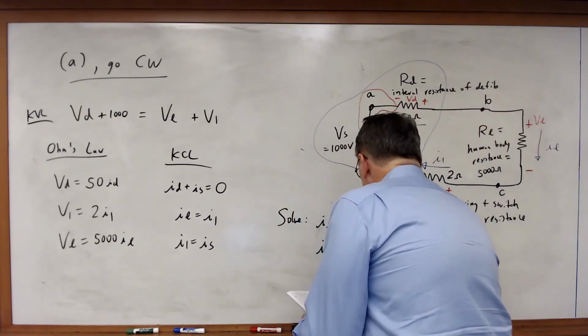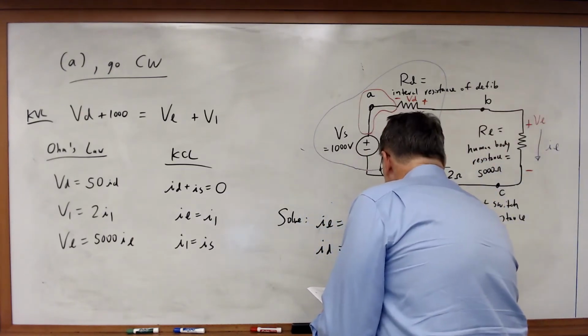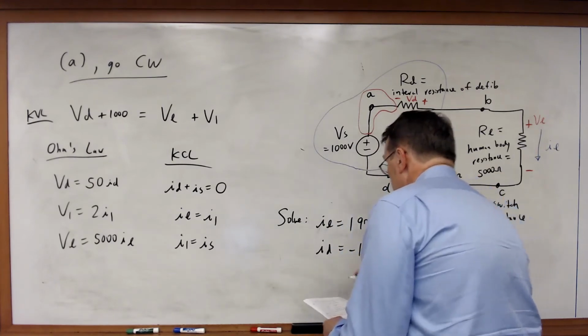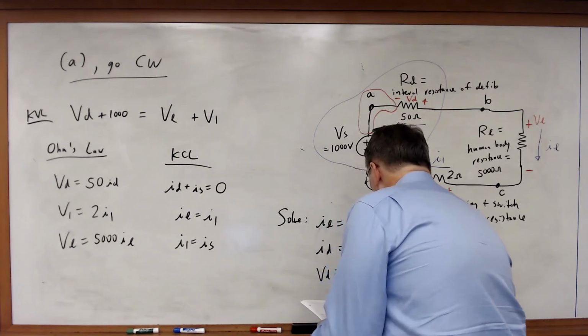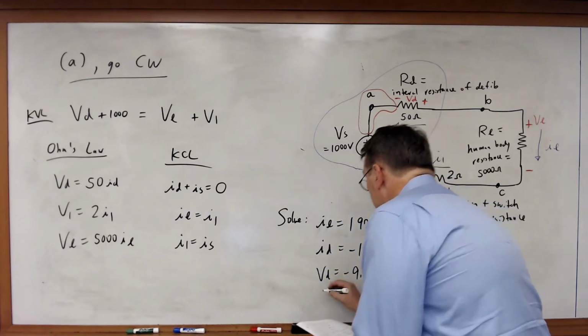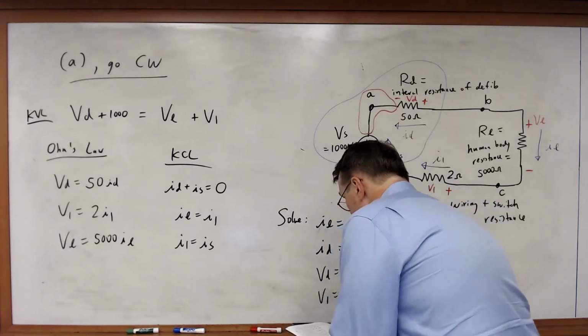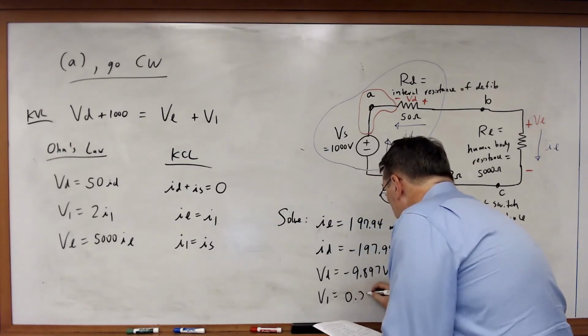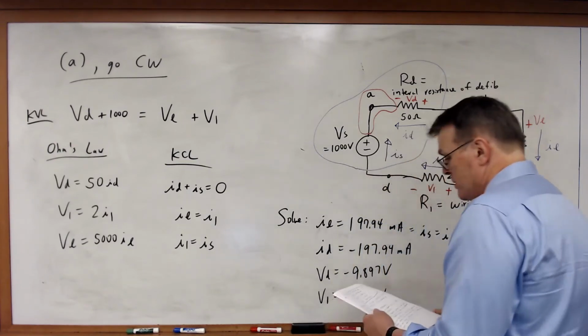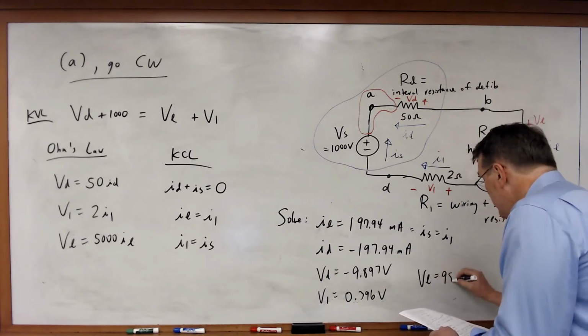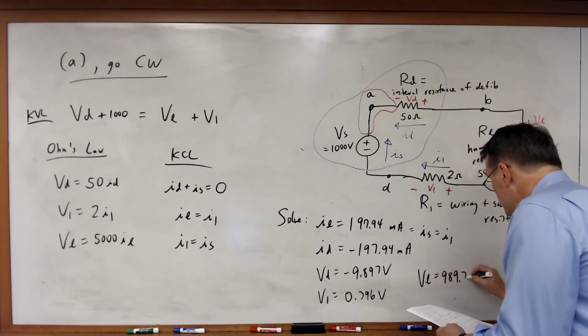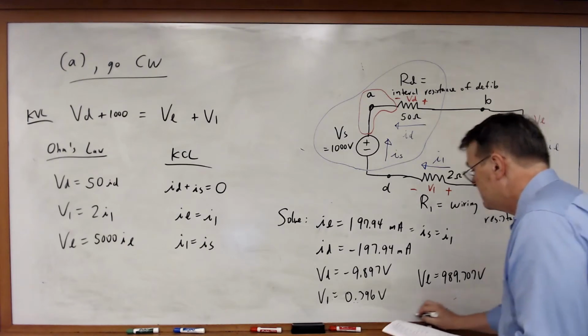ID is equal to minus 197.94 milliamps. VD is equal to minus 9.897 volts. V1 is equal to 0.396 volts. And VL is equal to 989.707 volts.